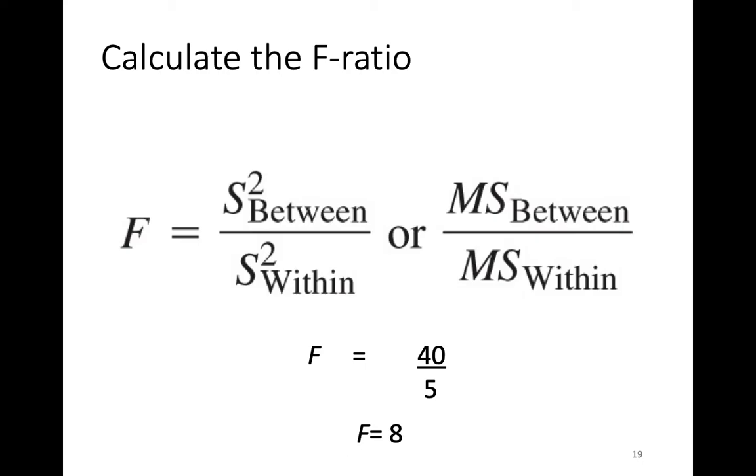So really, all else equal, with the same amount of difference between the three means and with the same estimate of population variance using the within approach, we can see that having a larger sample size will produce a larger F ratio. And what this F ratio is telling us is, in a way, it's even less likely that these sample means were sampled from populations with identical means by chance.